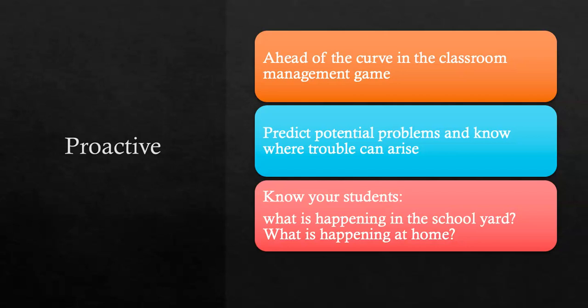And most importantly, and this goes back to the first part of our class, we really need to know our students. You need to know who's going to be able to handle doing stations or being able to add movement or have a dance party in that classroom or be able to discuss difficult topics. You need to know what is happening in your schoolyard.